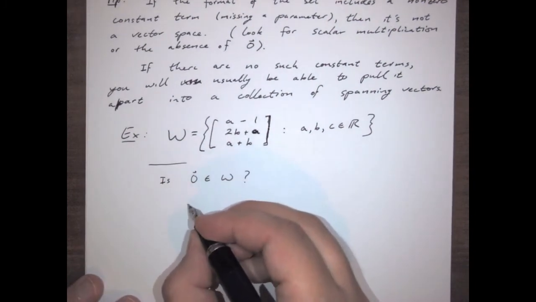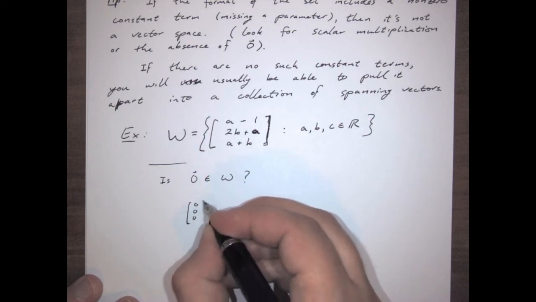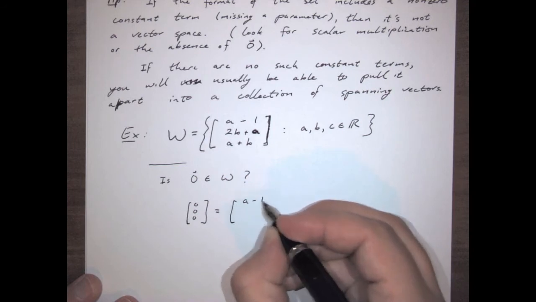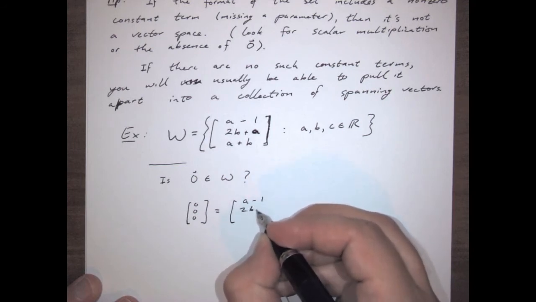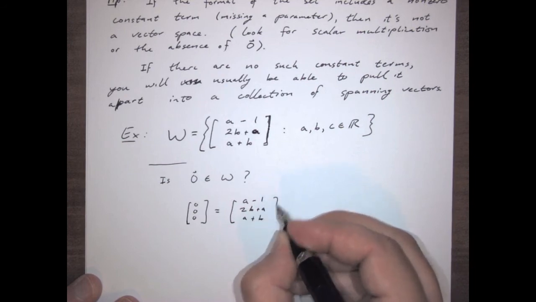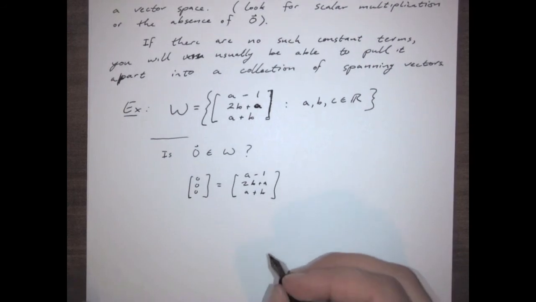So if it is, we're talking about 0, 0, 0 having to equal A minus 1, 2B plus A, and A plus B for some choice of A's and B's.